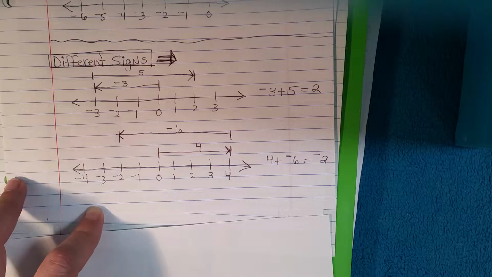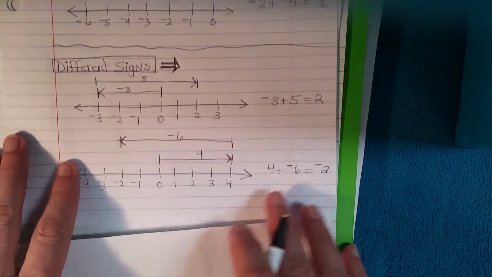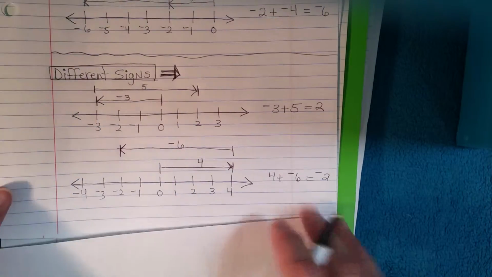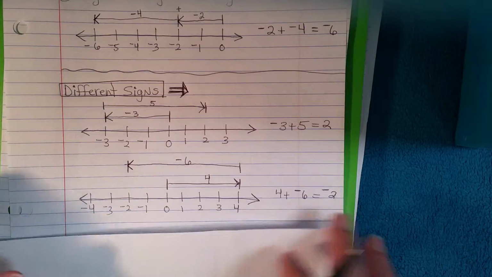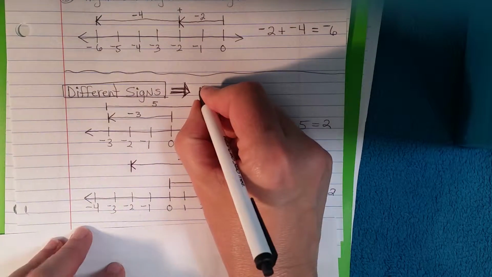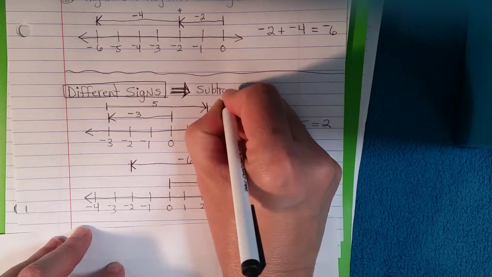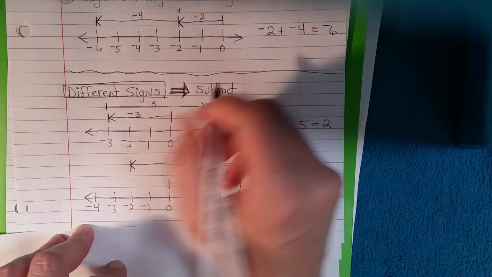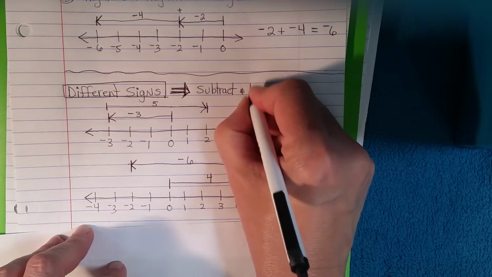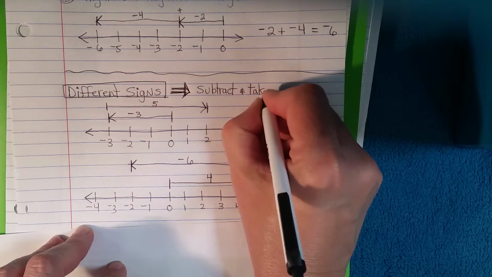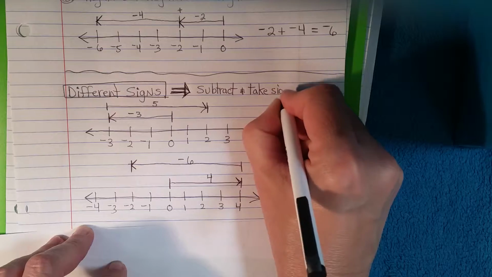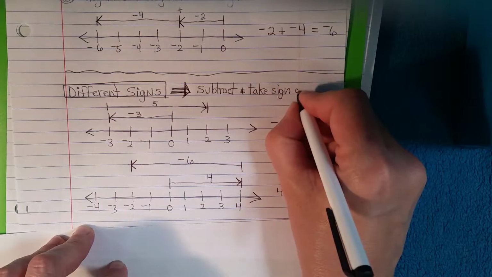And that's how I get a negative 2. So for different signs, you could say subtract and take sign of bigger number.